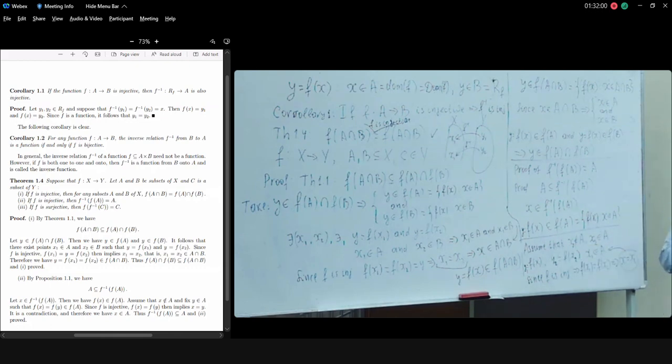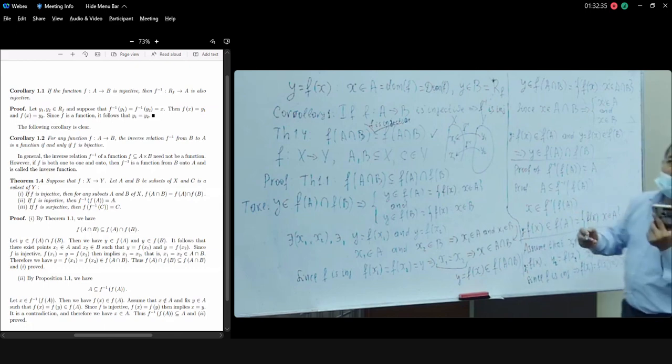You see, it means if function f is injective, then x1 and x2 belong to A, and it shows any element from A is an element of the set. Now I am taking any element from here, and then after that what?